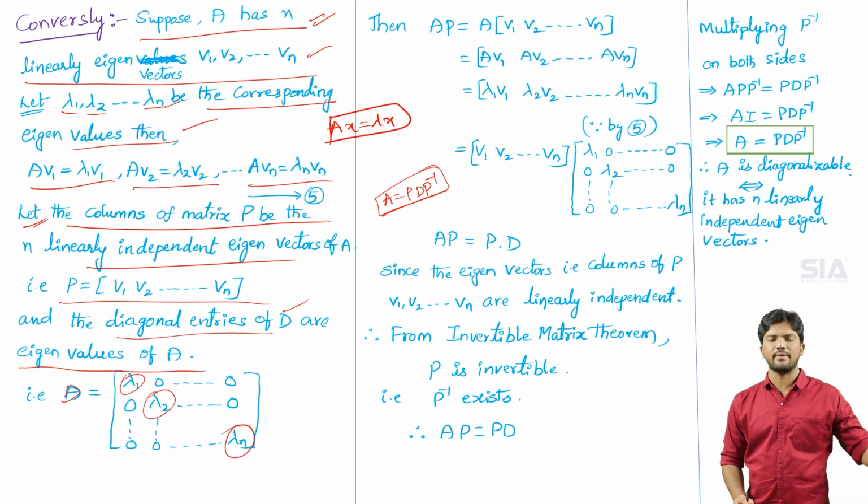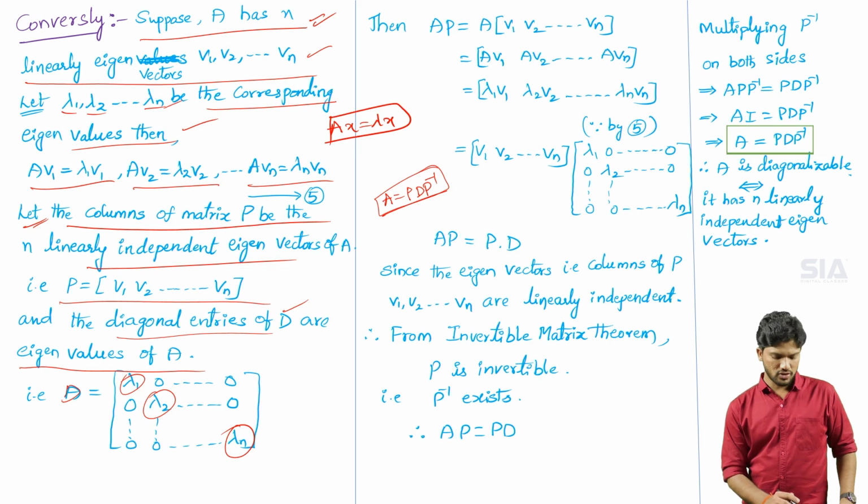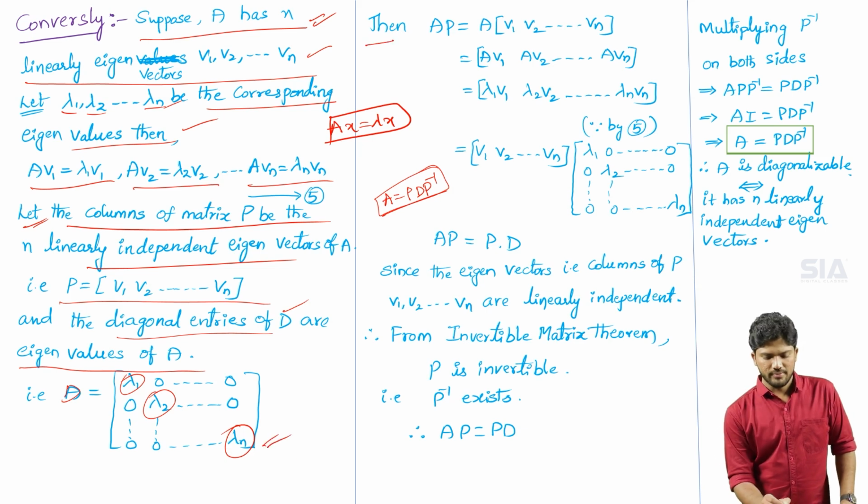Why? Because already we have capital A as a standard matrix. So this is the capital D. Then apply the process.